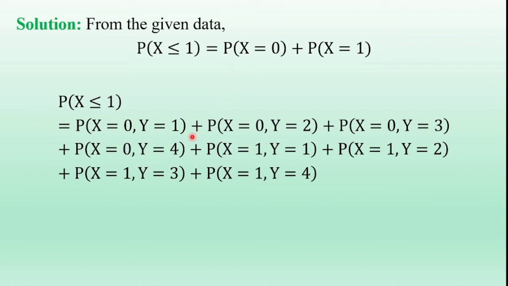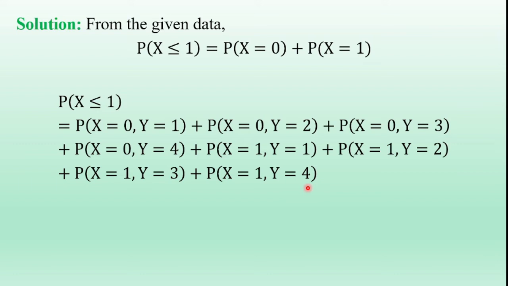That is probability of x is equal to 0 plus probability of x is equal to 1. Probability of x is equal to 1 and y is equal to 1 to 4 is P of x is equal to 1, y is equal to 1, plus P of x is equal to 1, y is equal to 2, plus P of x is equal to 1, y is equal to 3, plus P of x is equal to 1, y is equal to 4. All the probabilities are available in the given distribution table.